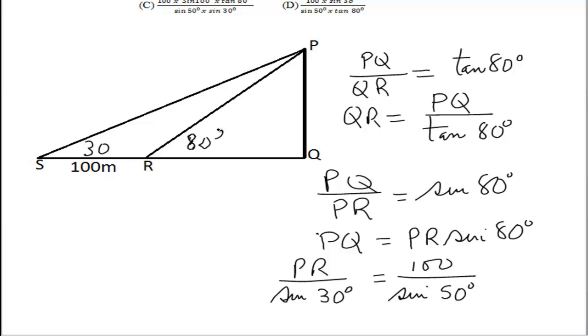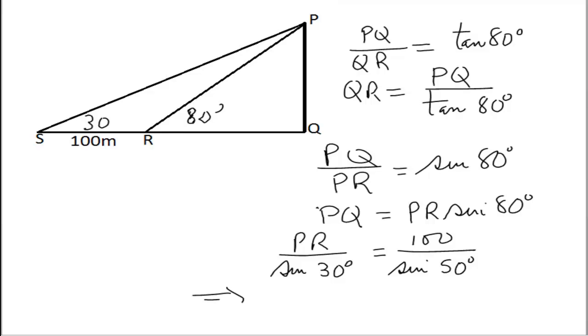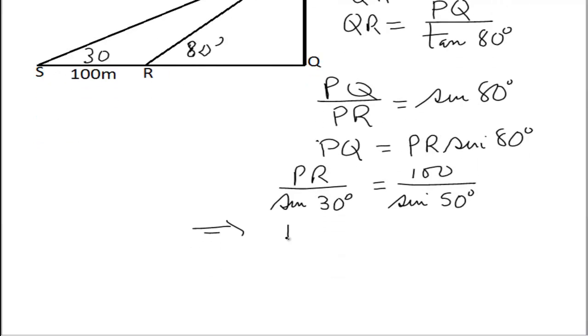You would have known how we got the 50 degrees, 80 minus 30. So we've got PR. PR is equal to 100 sine 30 over sine 50.